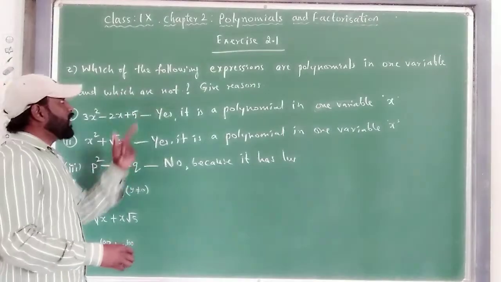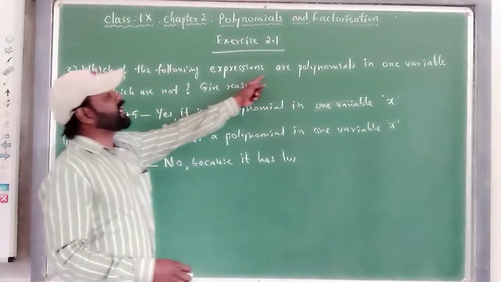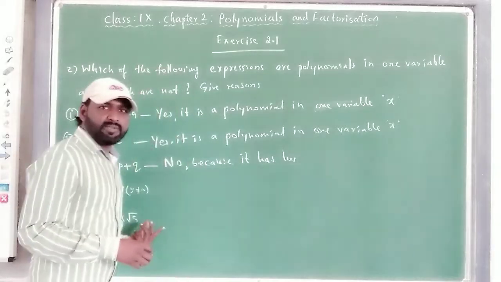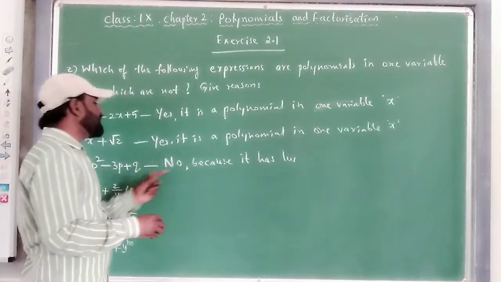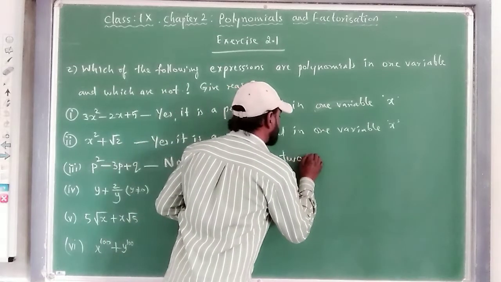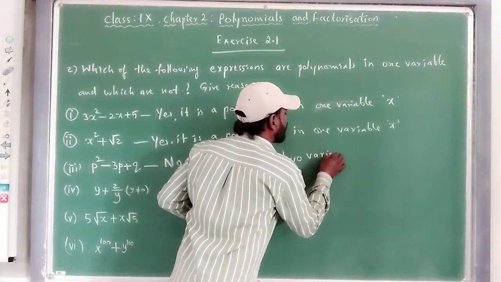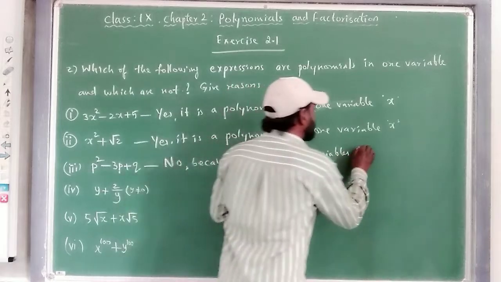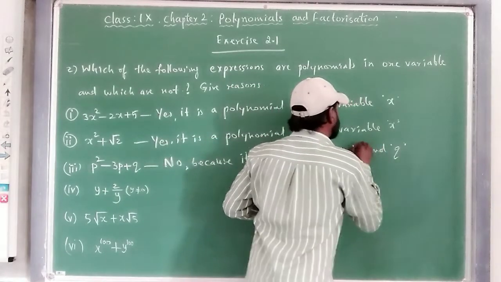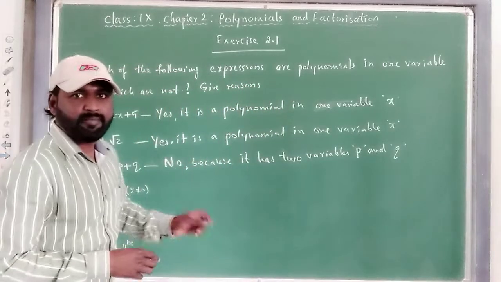What is the question actually? Which of the following expressions are polynomials in one variable? Here there are two variables in this expression. That is why we are writing it as no. There are two variables, p and q, involved in this expression. That is why it is not a polynomial in one variable.